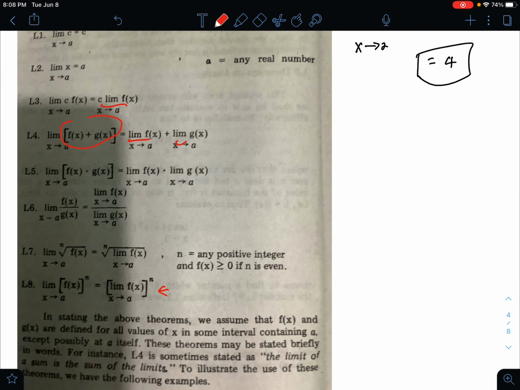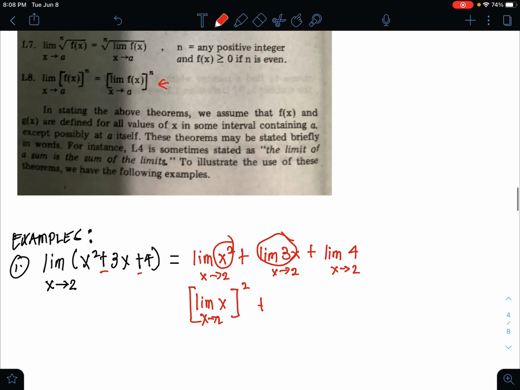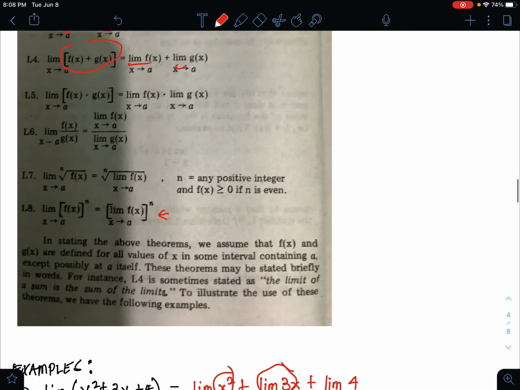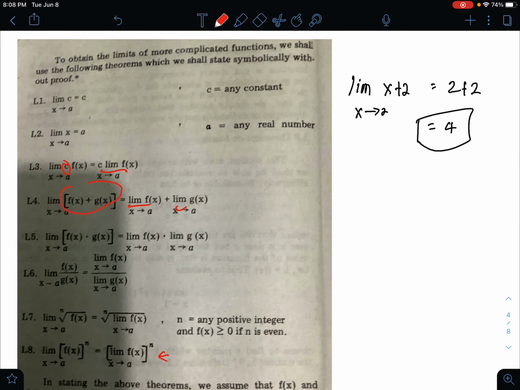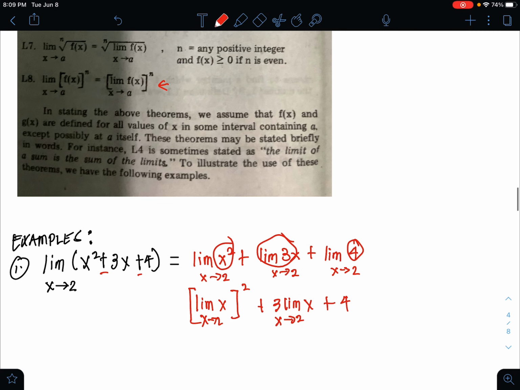As you can see, theorem number 3, constancy C. So we can rewrite this one as 3 times the limit of x as x approaches 2. And then plus the limit of 4. Okay, so according to theorem L1, the limit of C as x approaches a is just equivalent to C, which is a constant.